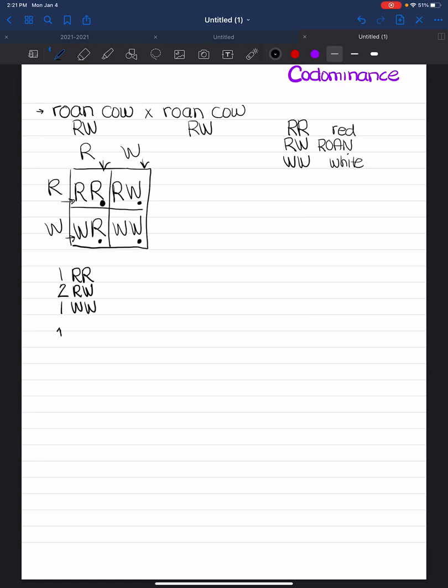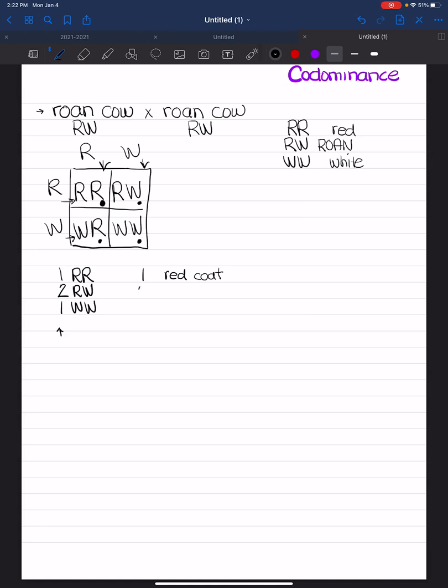Okay? So the next step, step 4, is to write the possible phenotypes. And these numbers, when we go and do dihybrid crosses, are going to be very important. So make sure that you keep your numbers and your probabilities as you're going through these problems. Okay? So the first possible offspring, 1 out of 4, has a genotype big R, big R, and will produce a red-coated calf.